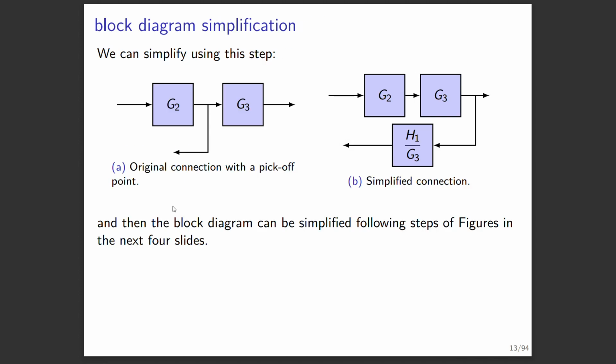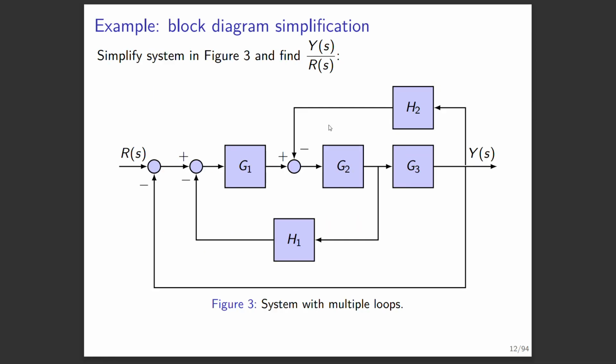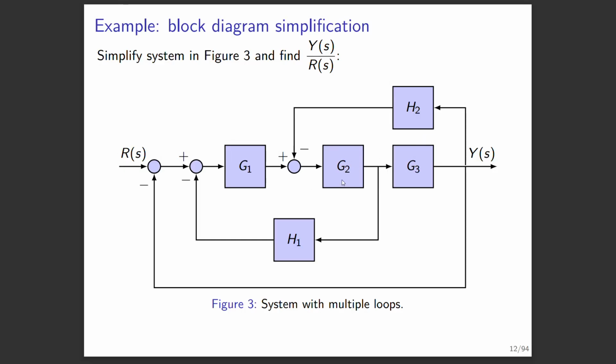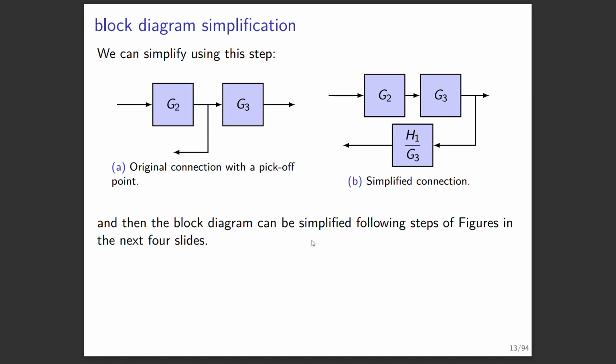Okay, so what I have tried to do here is to move G2 here to combine it with G3. So if I move G2 close to G3, what happens is that I need to compensate in the signal that is coming out by dividing it by G3. So if I move this G2 here, then I need to divide this H1 by G3.